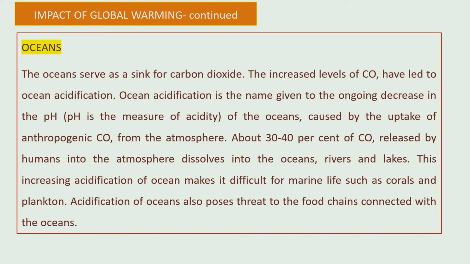So when the temperature increases, it affects the corals and the plankton. Corals and plankton are the feed of the fishes, the small plants growing in the oceans, which are food for the fishes.